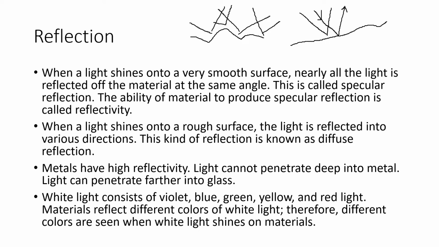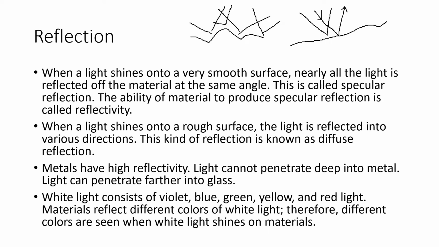Metals have very high relative reflectivity. I forgot to mention the rough surface: the variously directed rays we call diffuse reflection. Specular reflection is for smooth surfaces, and diffuse reflection is for rough surfaces. So when we think about metals, they have very high reflectivity, and light cannot penetrate deep into the metal.